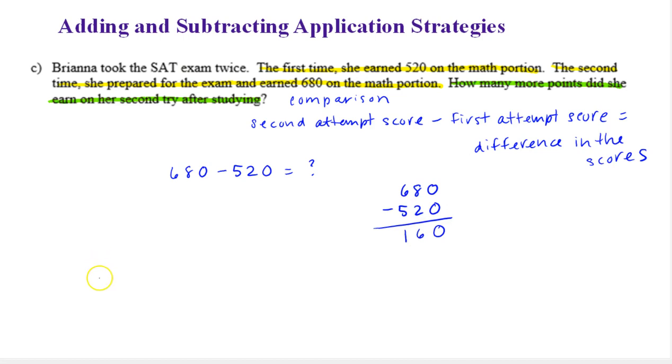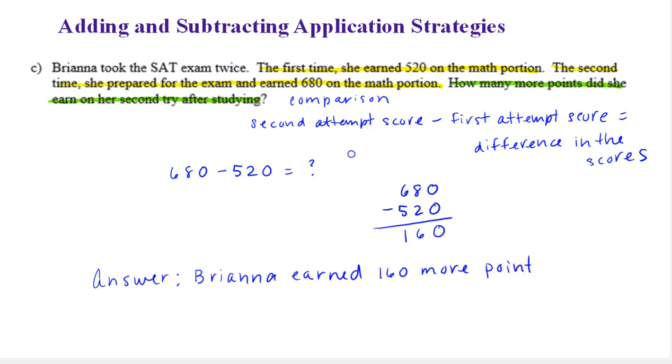So we'll write our final answer as a complete sentence. Look back at our question so we phrase it correctly. She earned, who is she? Brianna earned 160 more points on her second try after studying.